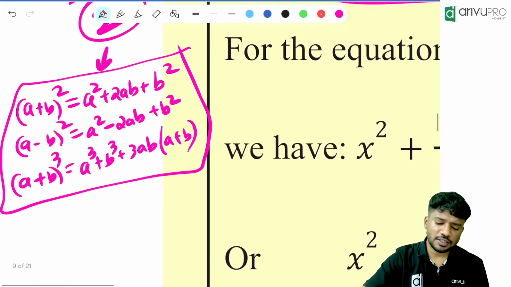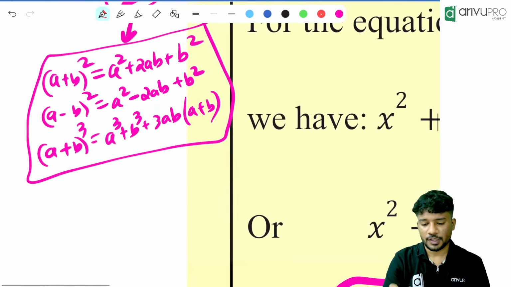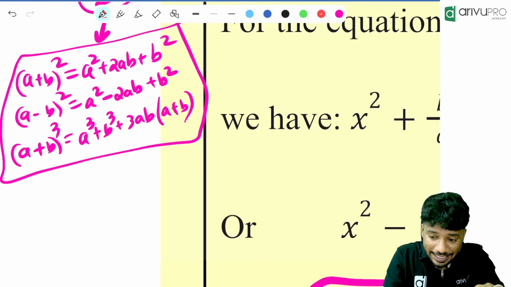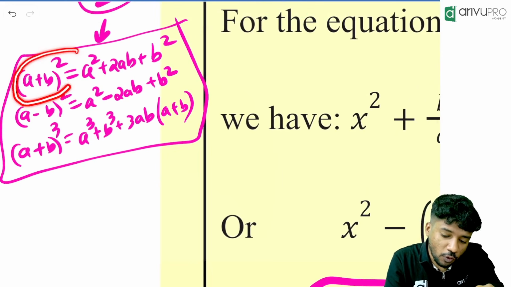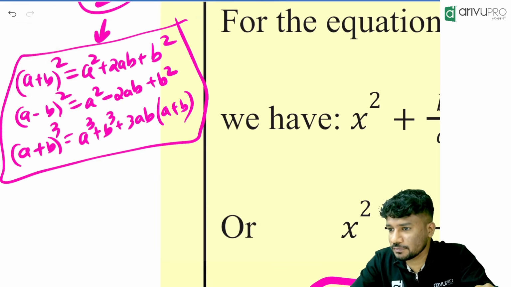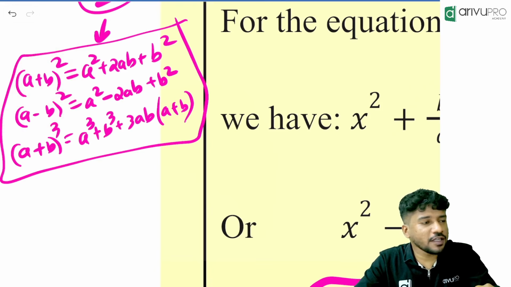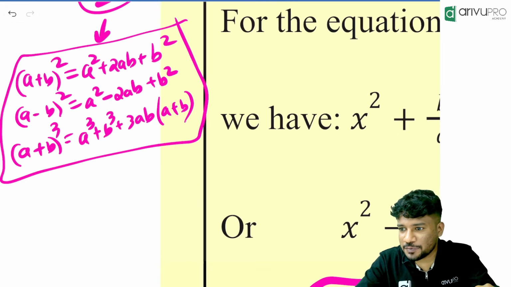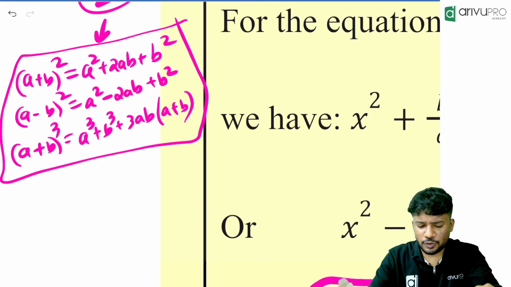Now I will ask everyone a question. Can I write a plus b the whole square in terms of a minus b the whole square? So I will do one thing now.